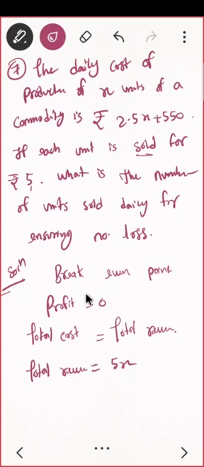So you just have to equate, that is C equal to R. So C का वैल्यू क्या है? 2.5x plus 550 equal to 5x. Solve it and find the value of x. That is 550 upon 2.5. It is 220 शायद. Check whether you are getting 220.